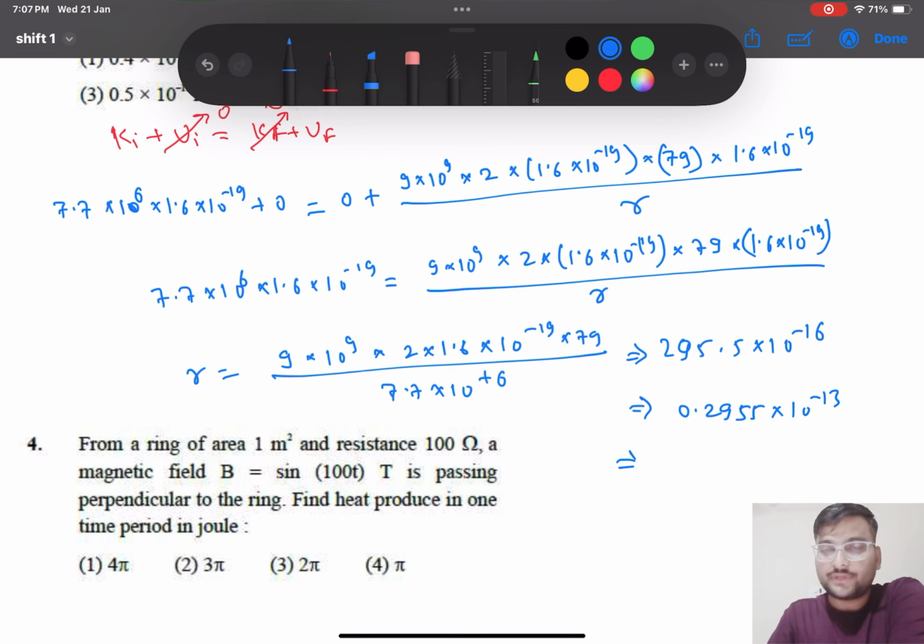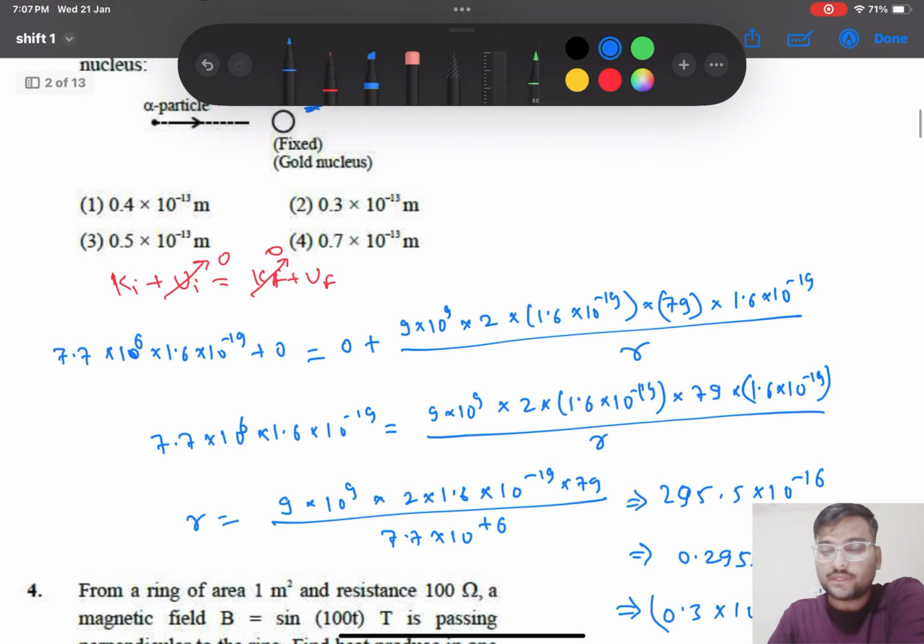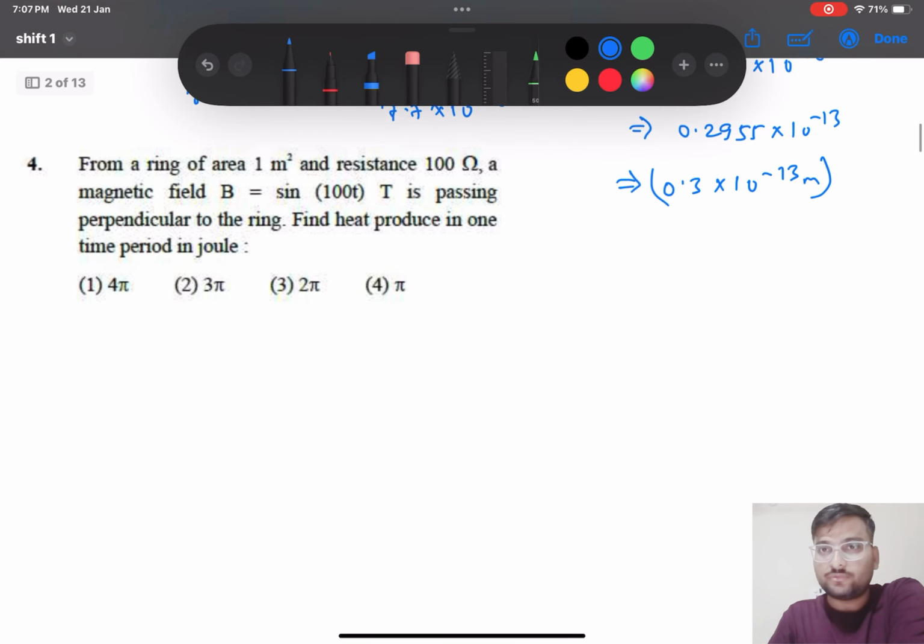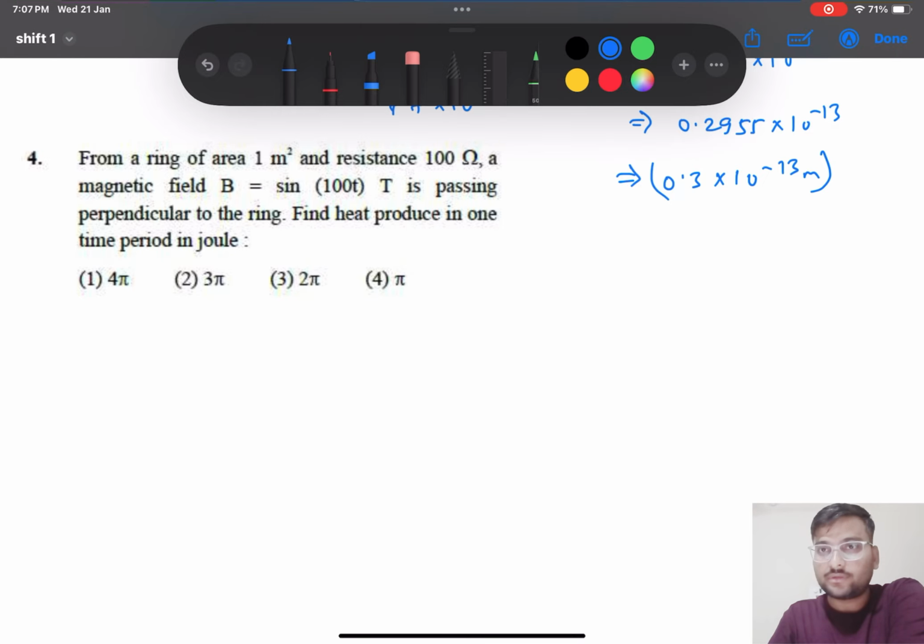Whenever we solve this, we get 295.5 into 10 power minus 16, which becomes 0.2955 into 10 power minus 13. So the final value is 0.3 into 10 power minus 13 meter. This is the value, so the second option is the correct one. Now we are moving towards question number 4.